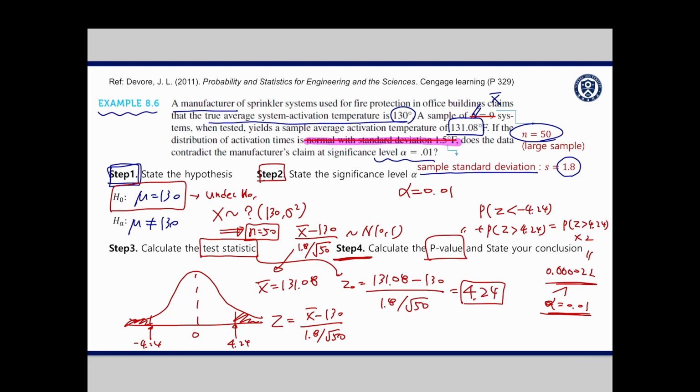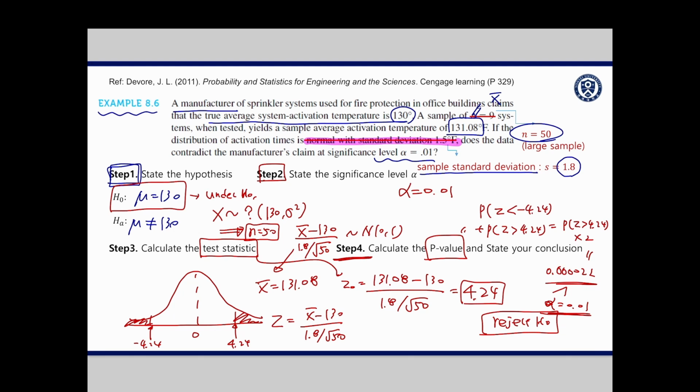And therefore, we can reject H0. There is sufficient evidence to reject the null hypothesis at 0.01.